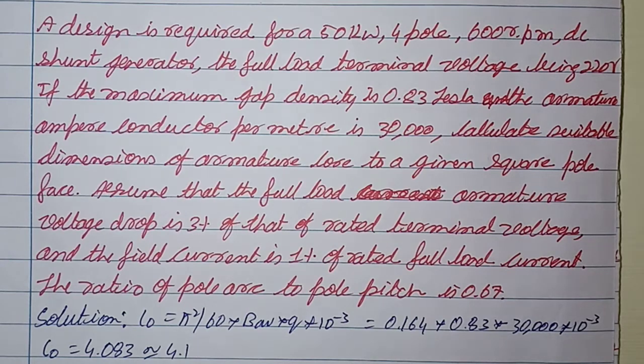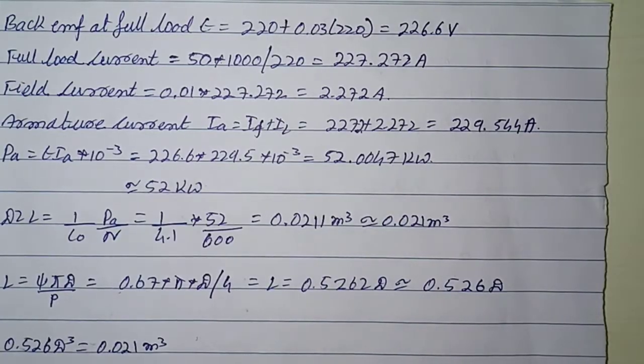Substituting the values, 0.164 into 0.83 into 30,000 into 10 raised to minus 3, the output coefficient C naught is 4.083, approximated to 4.1. The back EMF at full load is E equal to 220 plus 0.03 into 220, because of the 3%, so it is 226.6 volt.